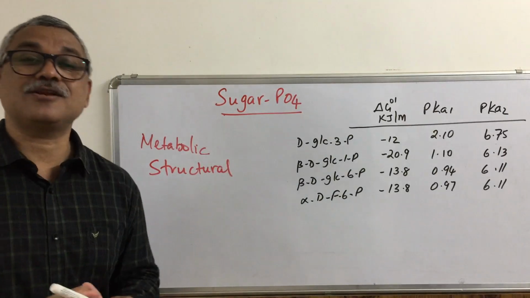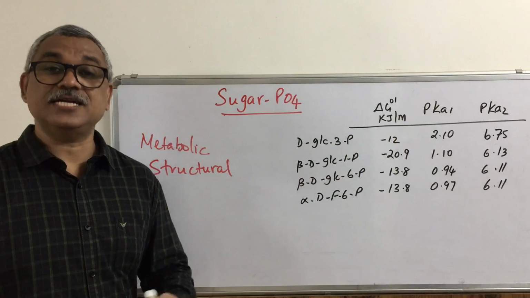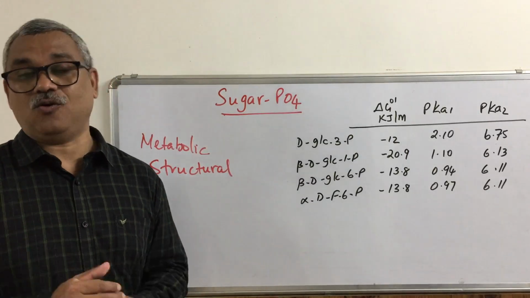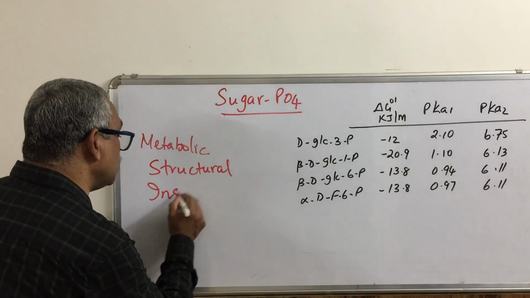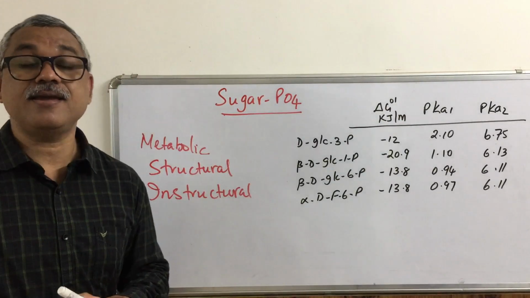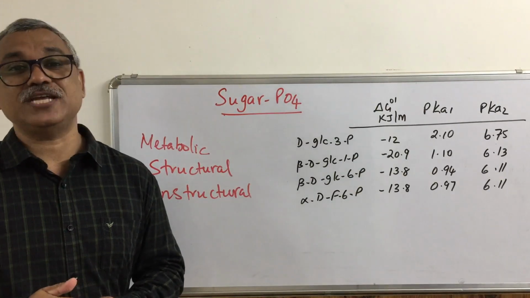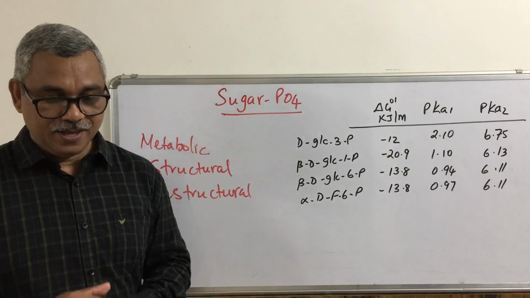As a structural component in the cell wall, phosphate groups are added. Sugar phosphates also play a role as informational molecules. We know that in RNA and DNA, sugar phosphates play a very important function.